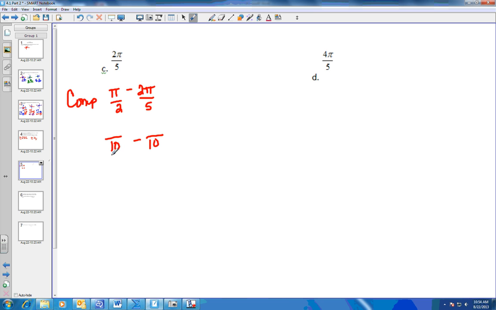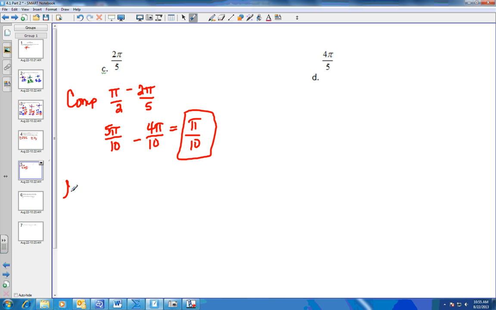And remember, if your bottom number changes, your top number has to change. So 2 times 5 will give me 10, so that's what I multiply the top by. That's 5 pi over 10. 5 times 2 will give me 10, so that's what I multiply the top by. That's going to give me 4. So 5 pi minus 4 pi is just 1 pi over 10. That's the complement.